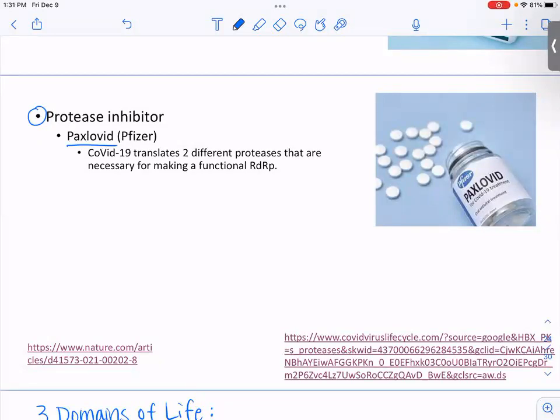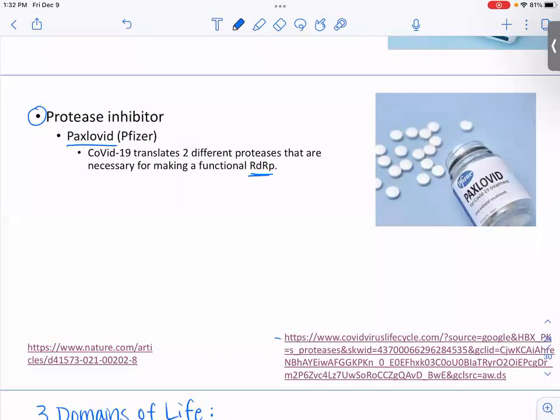COVID-19 also has a couple of different proteases that it either brings with it in the virion, or that are among the first few genes transcribed. When it makes this functional RNA-dependent RNA polymerase so that it can copy its genome, there actually have to be some cuts made in that enzyme to make it functional.